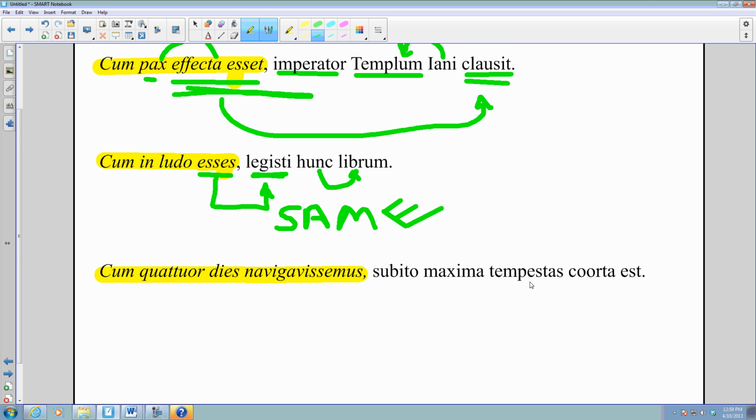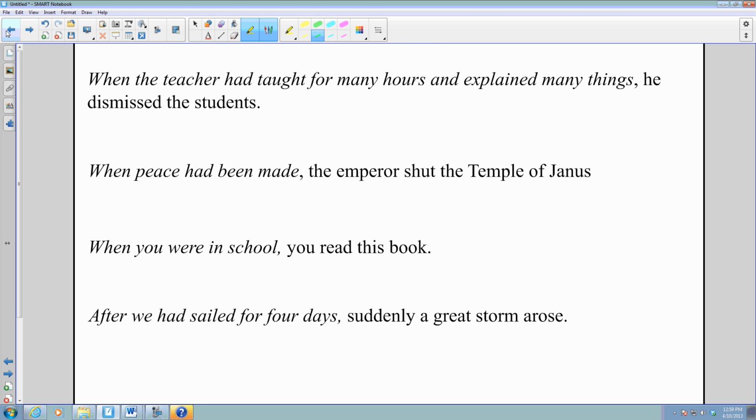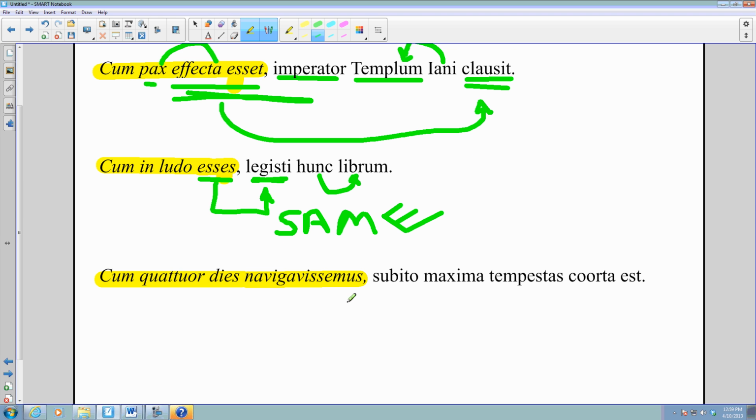Okay. Leaving that cum clause alone. I have suddenly as an adverb. I have maxima, an adjective modifying storm. And then I have orta est, which is arose, if you didn't have that. So suddenly, a great storm arose.